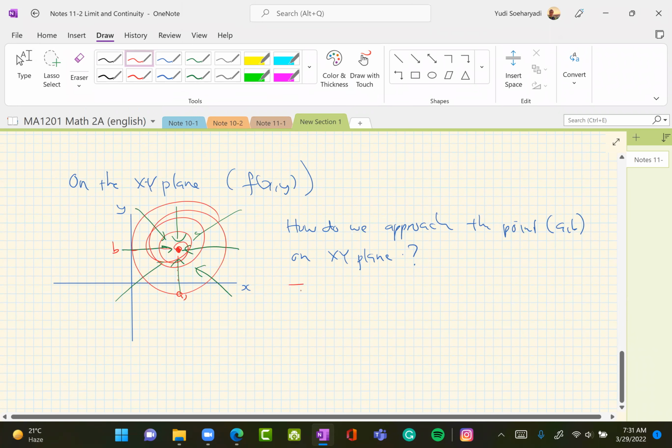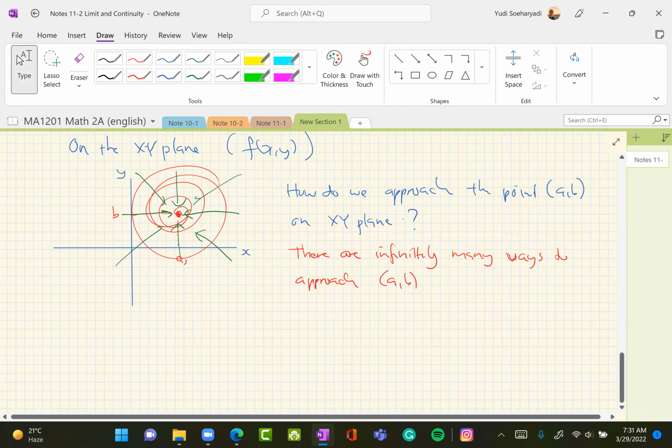So this is the problem. There are infinitely many ways to approach point A. That's the basic problem.